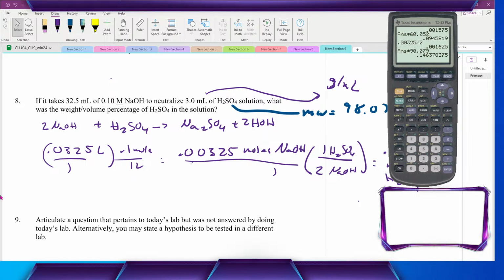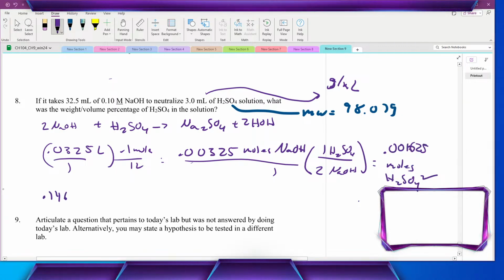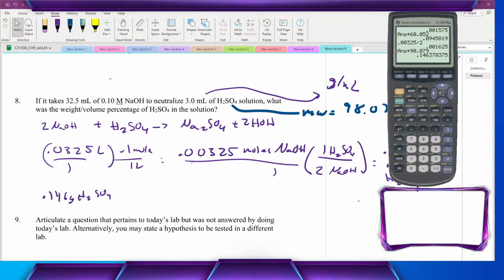We should have 0.146 grams of sulfuric acid in the sample, which we divide by 3 mL, and then times 100. So 4.8% weight per volume.